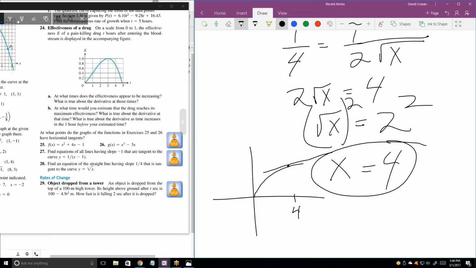So with all these problems you kind of want to draw a picture of it. It tells you whether your answer kind of makes sense or not. In other words, if we wanted to know what the slope is at 1, that slope's going to be pretty steep. That's probably greater than 1.